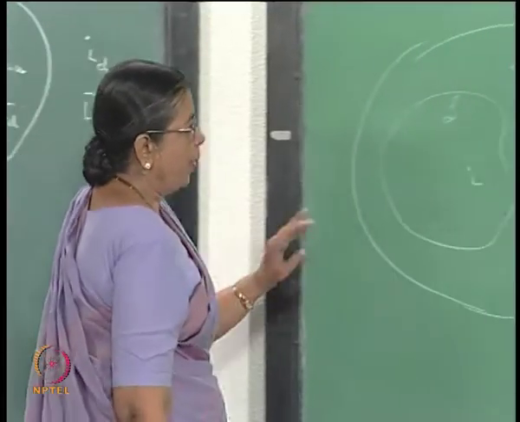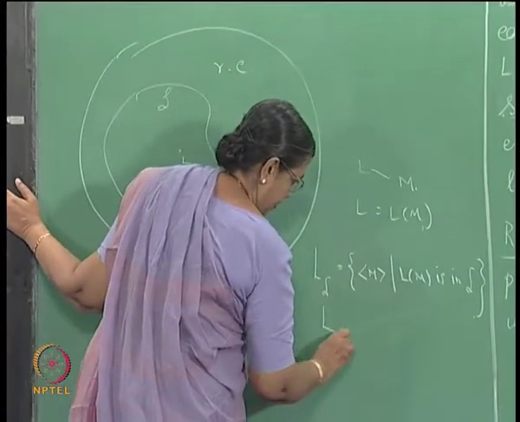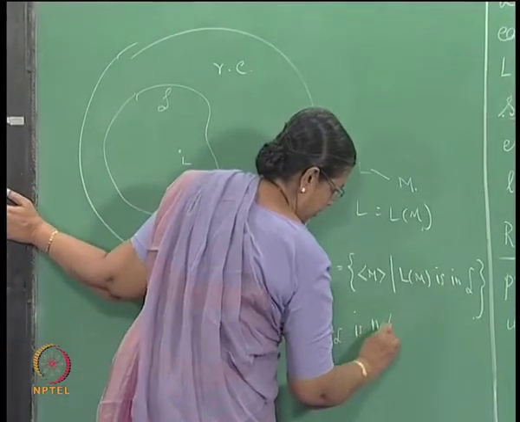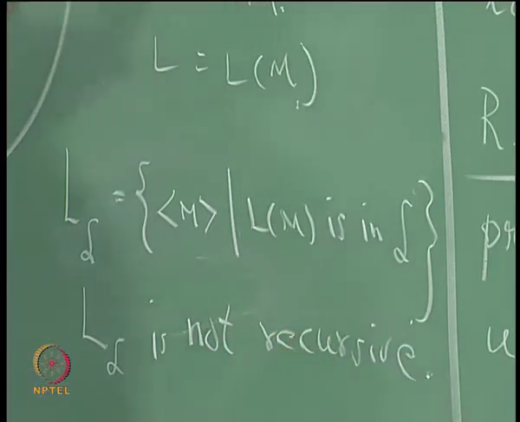What we want to prove today is that L of S is not recursive. Okay. How do you prove this?